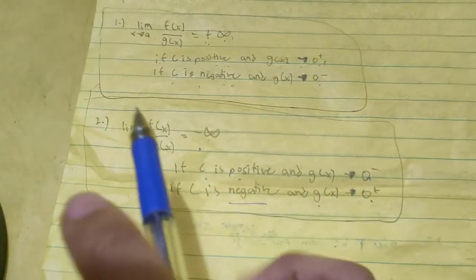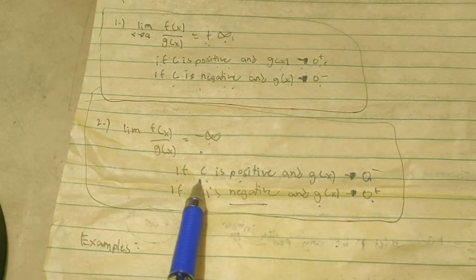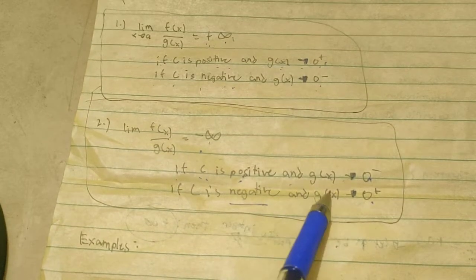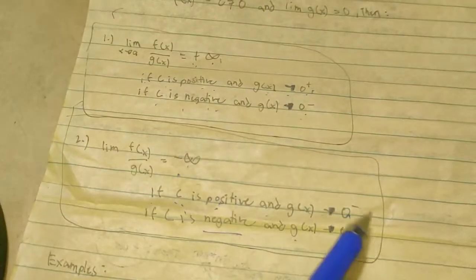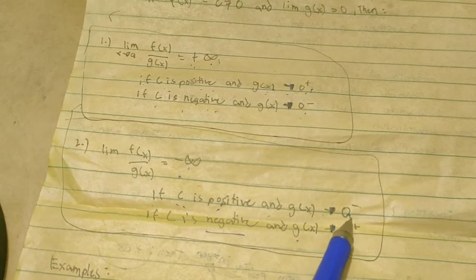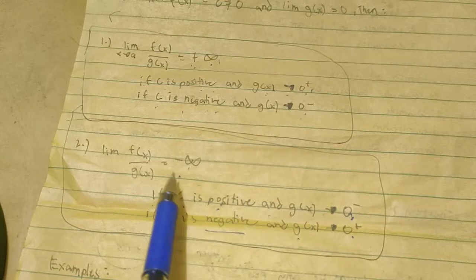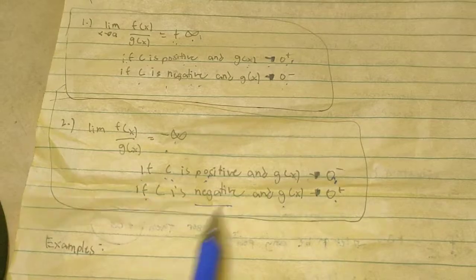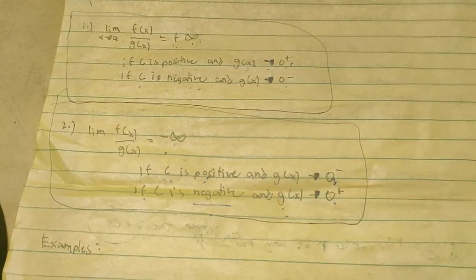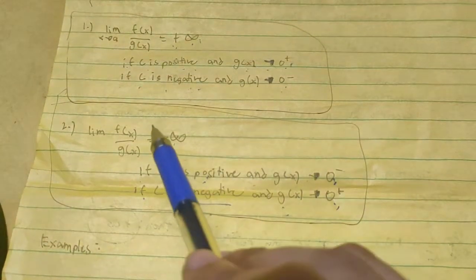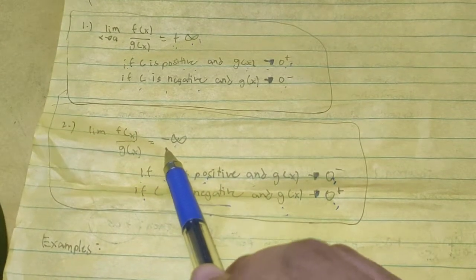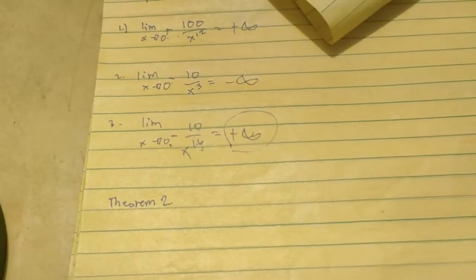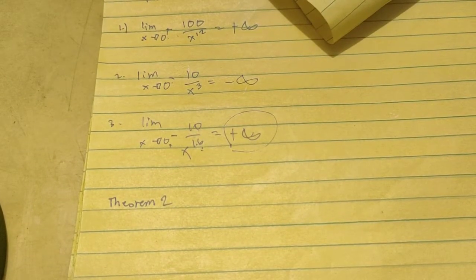Now, on the other hand, if our constant is positive and the g of x approaches to the left, then it should be negative infinity. If our constant is negative and the g of x approaches to the right, it should be negative infinity. So I have here my example in order to understand well.